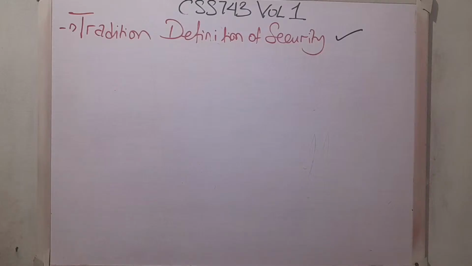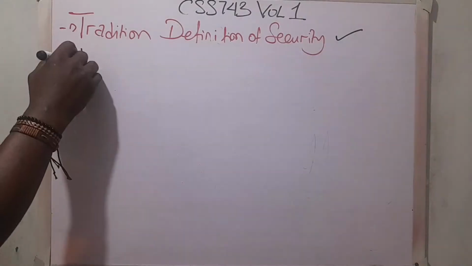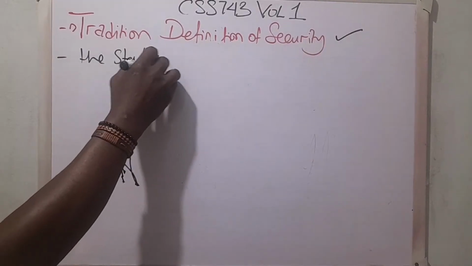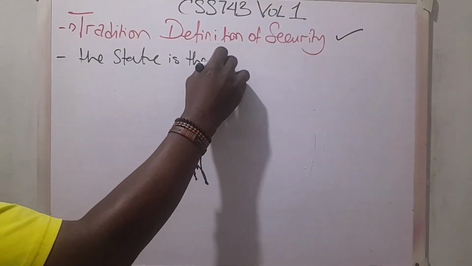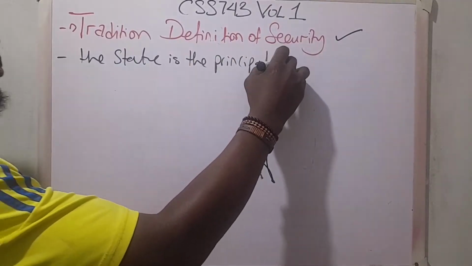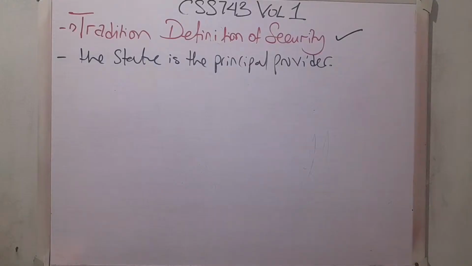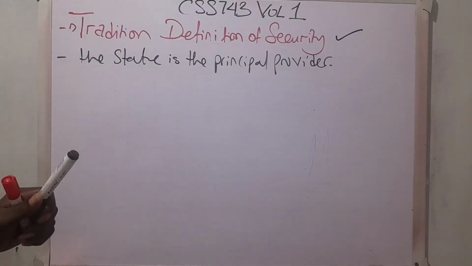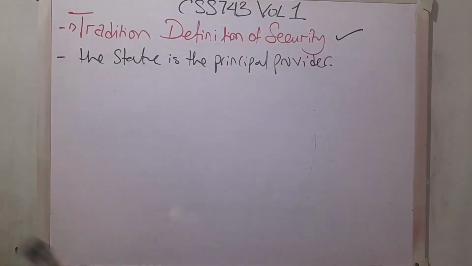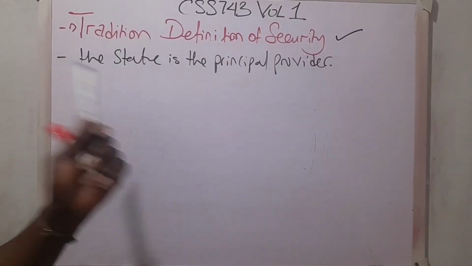The state is the principal provider in this definition of security. The sole responsibility of the state is to provide security. Military protection against external aggression is not taken lightly, according to this traditional perspective.